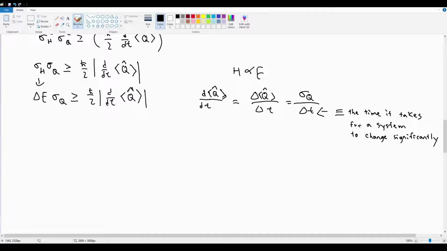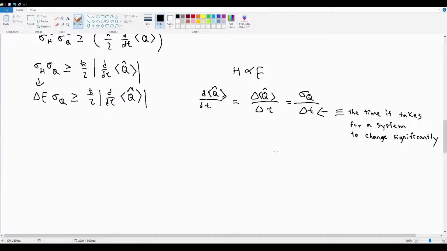So what we're interpreting this as is that the expectation value of the operator q hat has changed by one standard deviation. And Griffiths is going to say, I'm going to define the time it takes for this change to occur to be the time it takes for a system to change significantly. We haven't proven this. We've just defined it in that way.